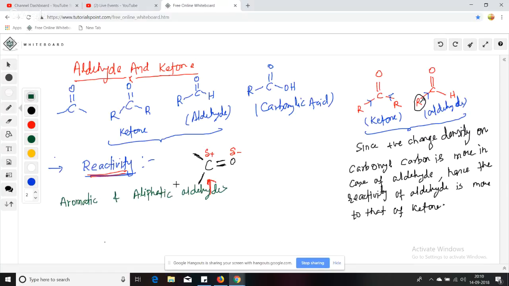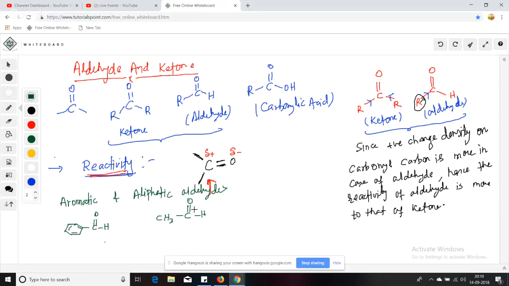Okay, again in this case we see the positive charge density on the carbonyl carbon. So if I talk about the aromatic aldehyde, and suppose I take this benzaldehyde over here, C double bond O H, and any aromatic aldehyde, suppose CH3, C double bond O and H here.